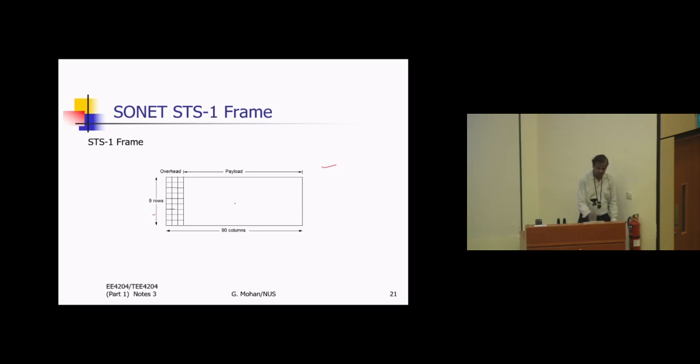There are 9 rows and 90 columns, so a total of 810 bytes. The basic frame, the STS-1 frame, has 810 bytes, and the first 3 columns we call overhead. Overhead is the header; in SONET terminology we call it overhead, some extra information.